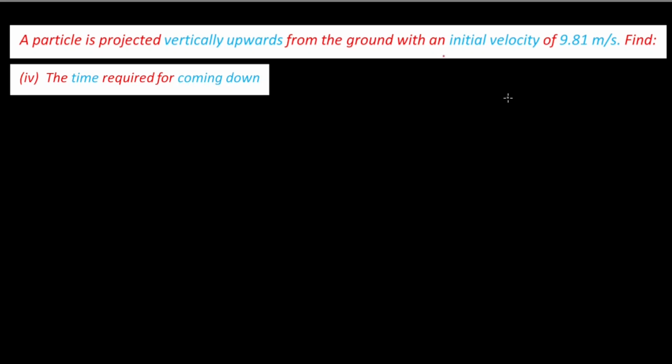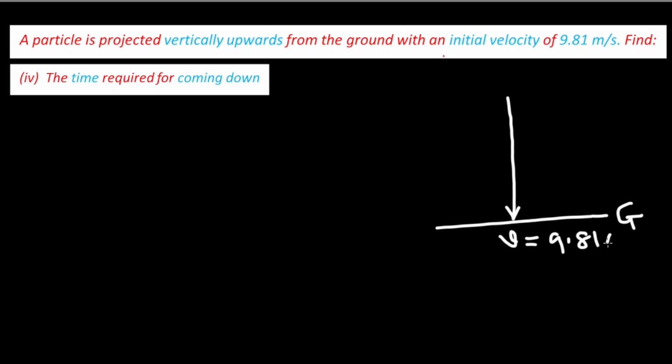Now the object is moving down, striking the ground with final velocity 9.81 meter per second. Its initial velocity had been 0, and since it's moving down, the value of acceleration will be plus g.